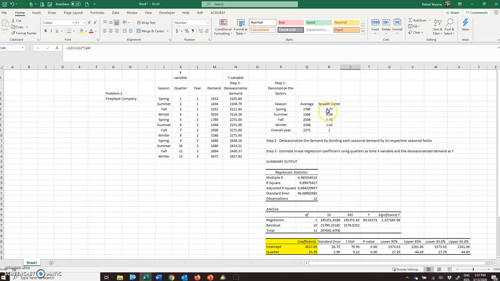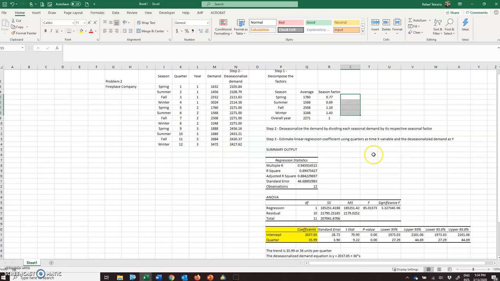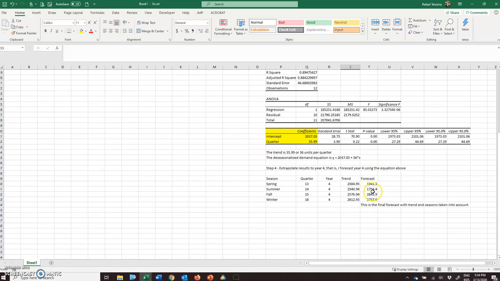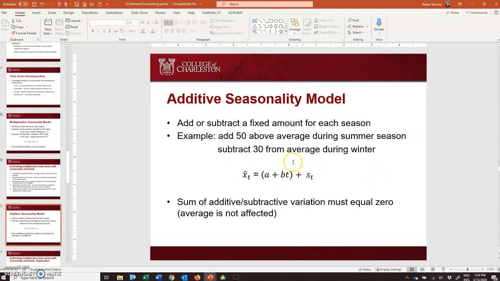So here, instead of a season factor 0.69, we would have season factors like 100 units more for spring, 200 units more for summer, less 100 units for fall, and less 200 units for winter. We would have amounts that we would add to get the final forecast. That's the difference between the additive and the multiplicative seasonality models.